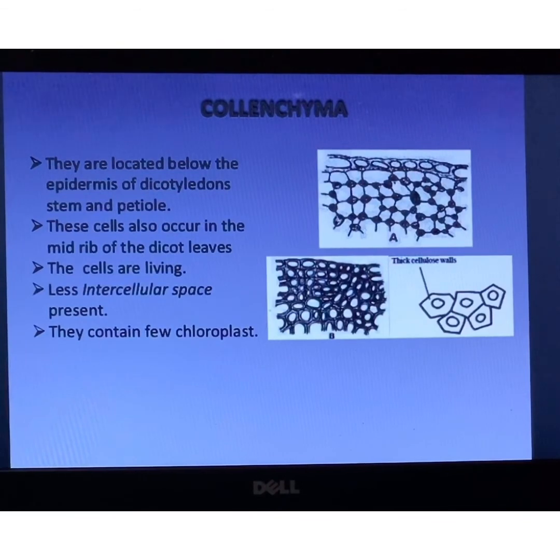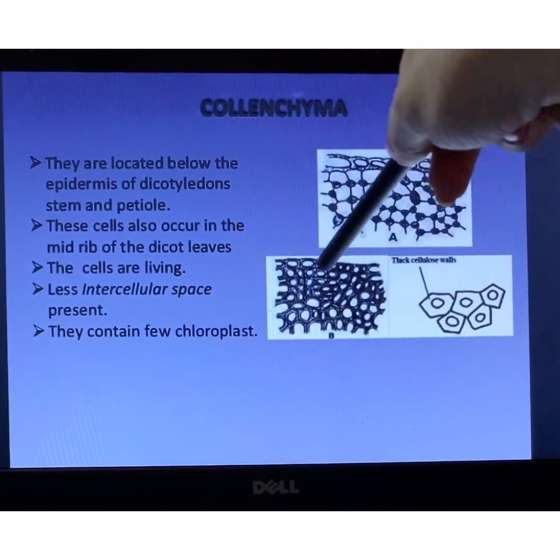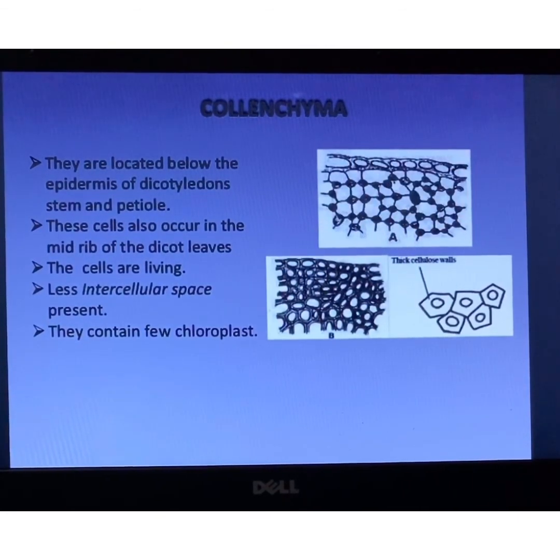Only in the plant cell there is a cell wall, which I clearly hope you remember from your grade 6 chapter on the study of the cell. In that we had done the differentiation which mentions this major difference between a plant cell and an animal cell. So the extra cellulose deposition is seen on the corners of the cell, and that provides mechanical strength to the leaves and the floral parts.